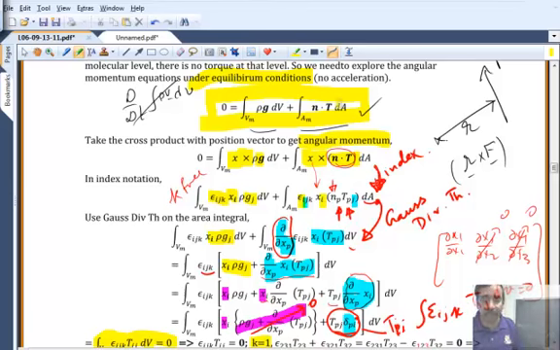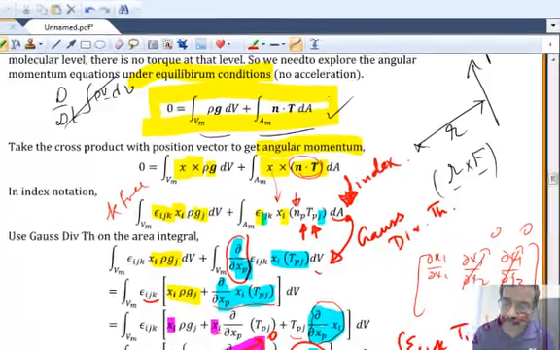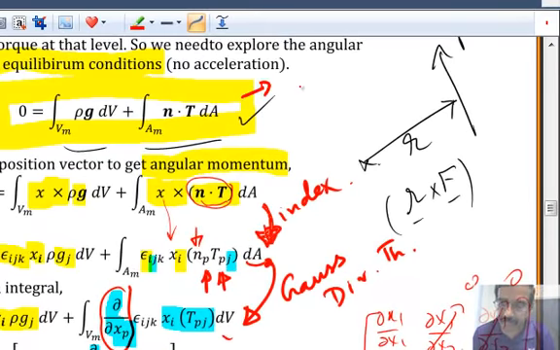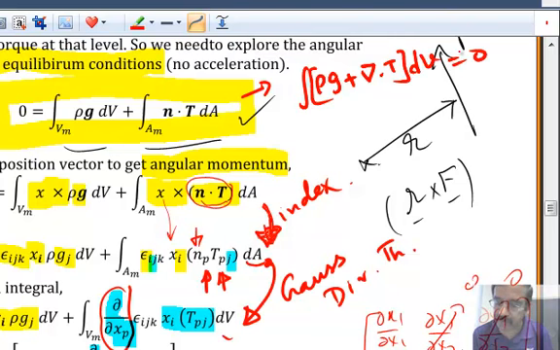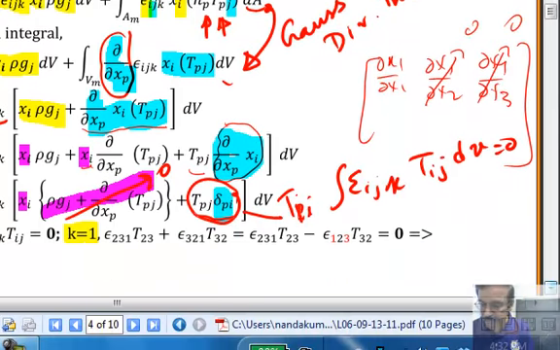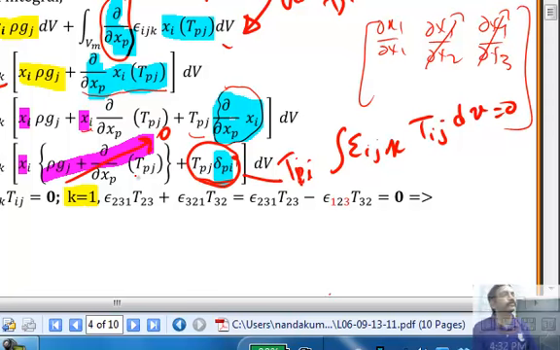So when I apply the Gauss divergence theorem to this, I will write this as the integral of rho g plus del dot t dV equal to 0. And so rho g plus del dot t is what I have there. I've combined. So that must be equal to 0 by the linear momentum equation. Okay?